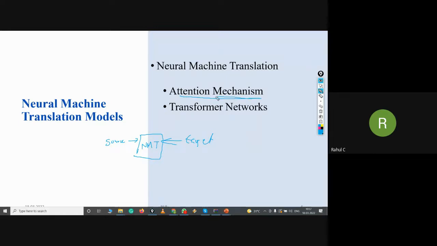We can incorporate this attention mechanism into the NMT, giving NMT with attention mechanism. Then this can be replaced by another model known as a transformer network, a more advanced model compared to NMT with attention. That is also possible, and we will see both.